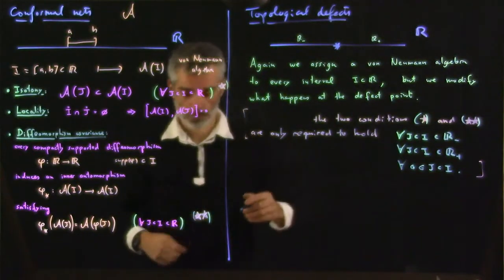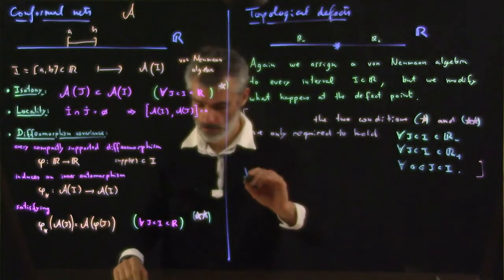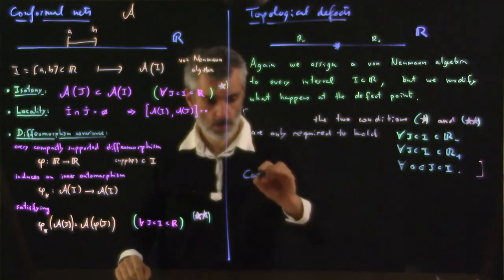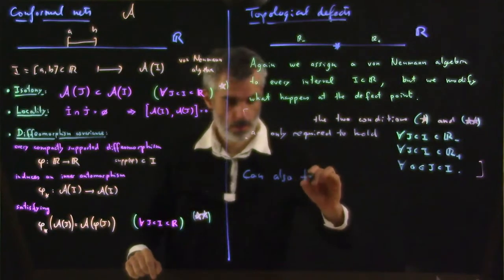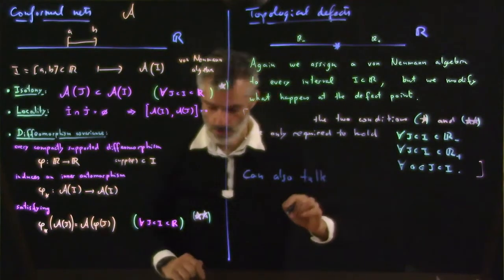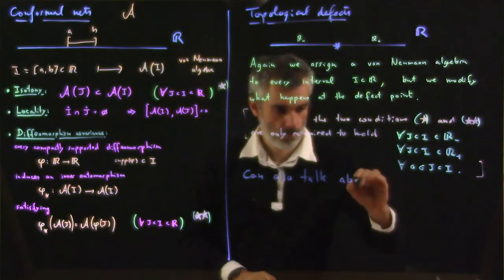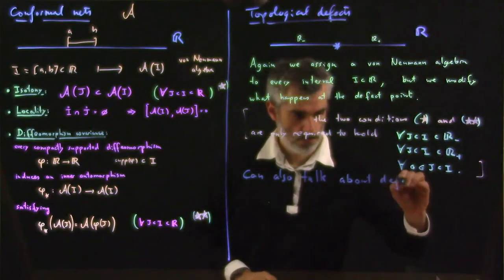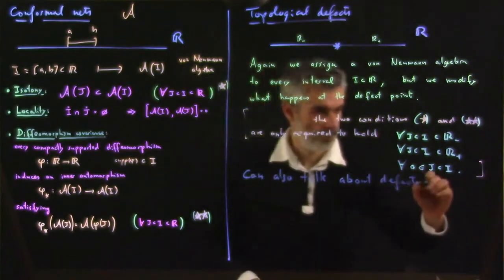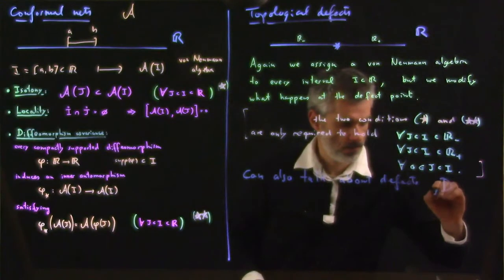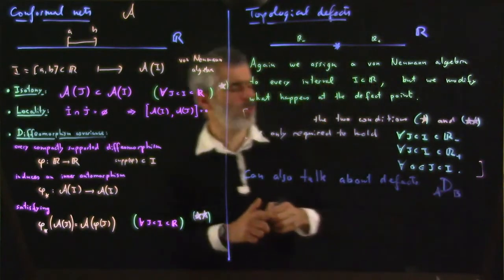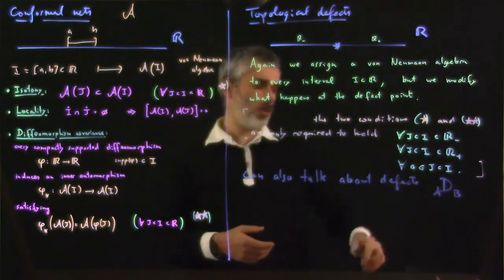So this is the notation. D is the defect, and A and B are the two conformal nets.